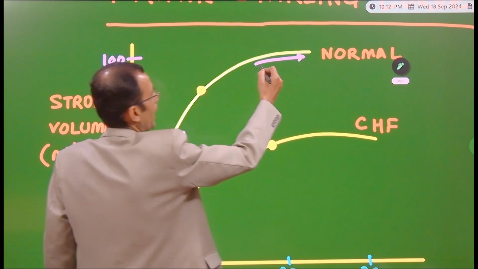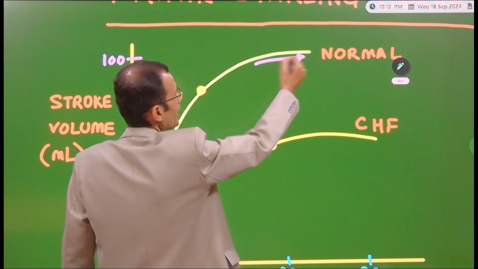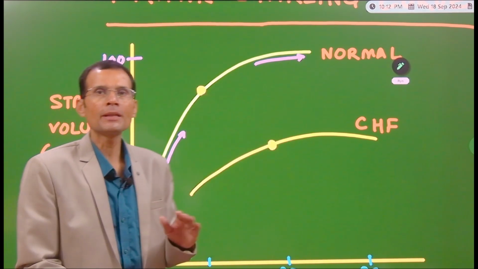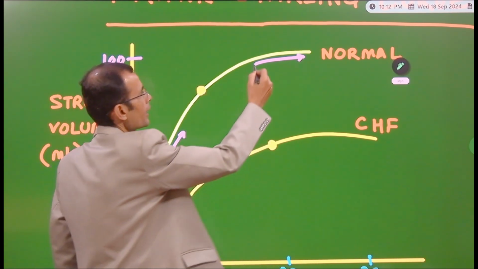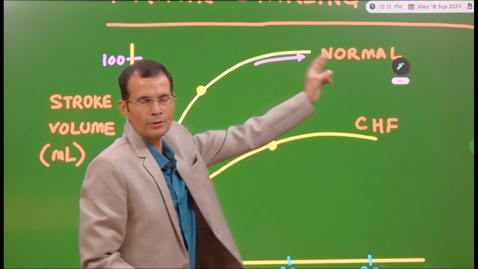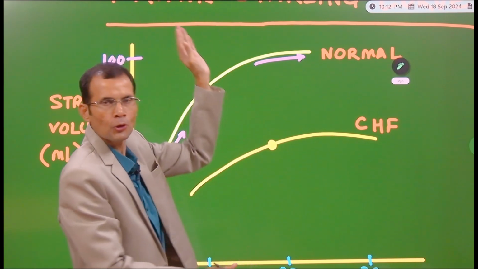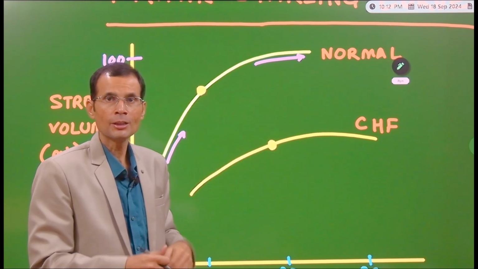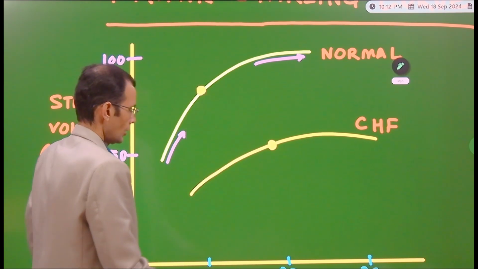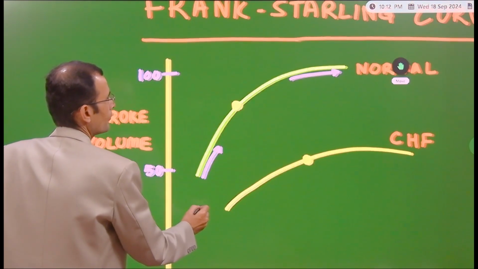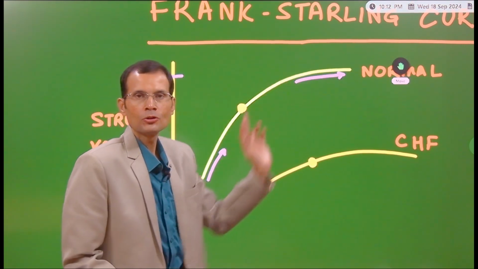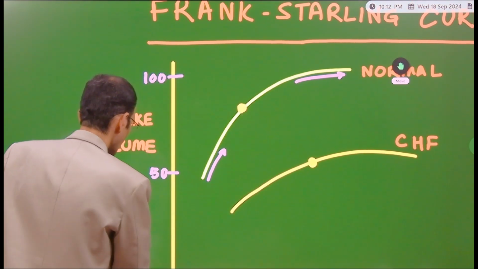And the other part, the later part, is preload independent. It tells us that even if end diastolic length is increasing, the stroke volume is not increasing in proportion to that. Well, so that's the curve in the case of the normal heart.